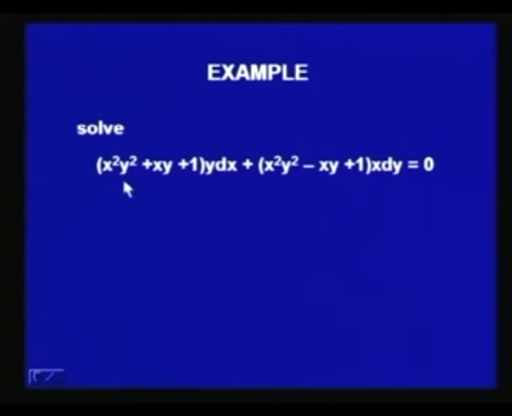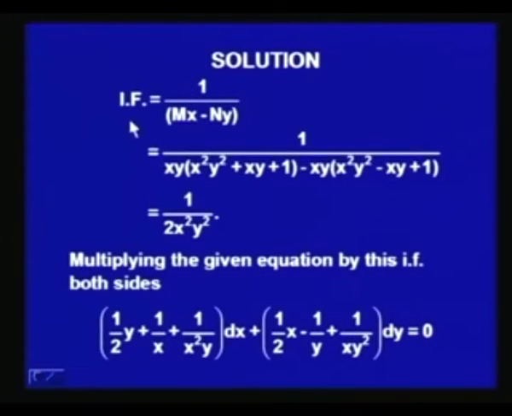So, this differential equation we can solve using the integrating factor 1 over mx minus ny, and the integrating factor when we find it comes out to be 1 over 2x square y square.